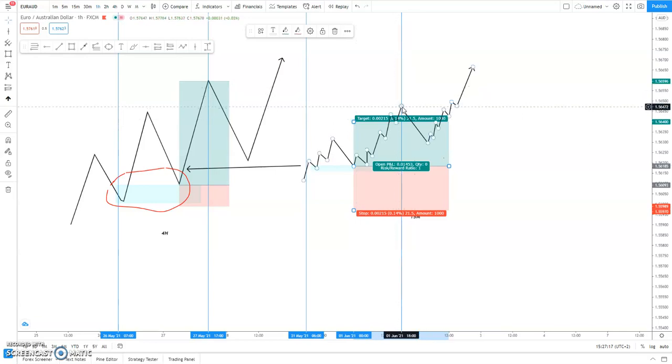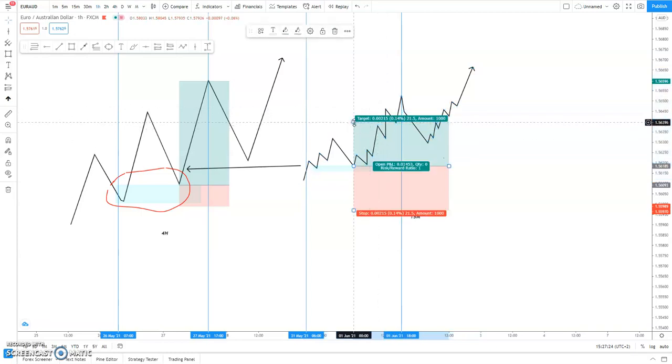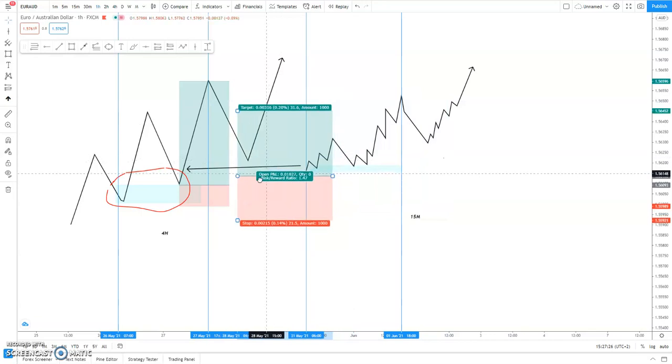You can also make it 50 pips. I want to get this the same size.